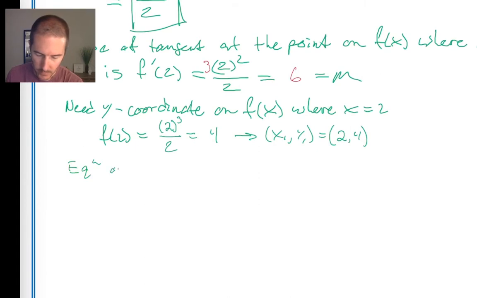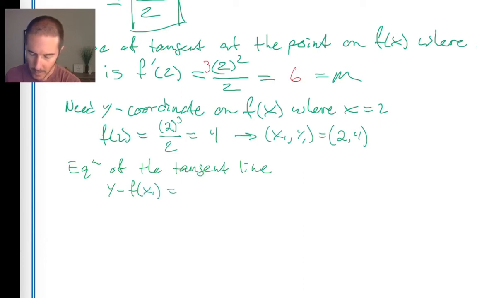The equation of the tangent line, we're going to find that using y minus y1, or you can call it f of x1, equals our slope m, or you could call it f prime of x1, times the quantity of x minus x1.